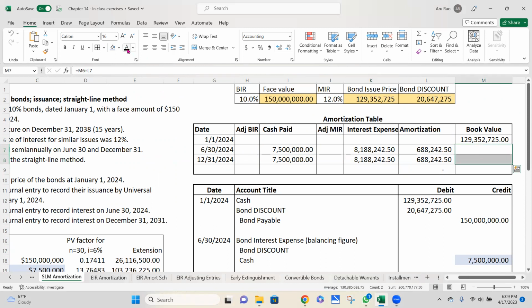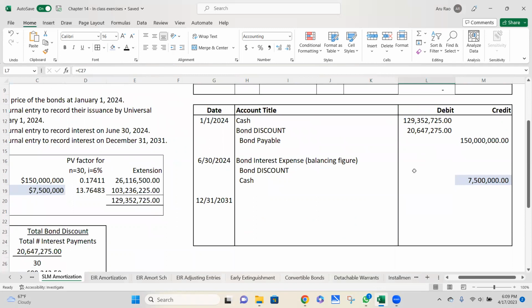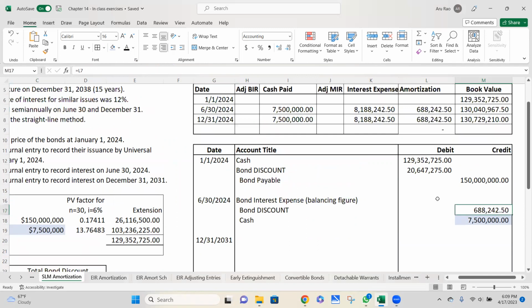The book value keeps going up because you're decreasing the bond discount. Bond discount is a debit, therefore I credit it to amortize it. The balancing figure is the bond interest expense.